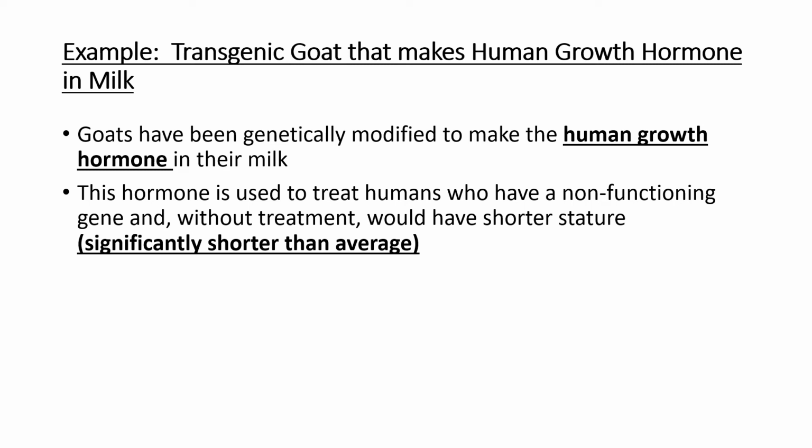So like more than 2 standard deviations below average. This isn't like a little short, this is quite short, and not just because your parents are short and your genetics play into it. And so it's individuals that, if they have a non-functioning gene for human growth hormone, and that's been identified as the sort of deficit for the individual, then you can have their diet supplemented with goat milk that has human growth hormone in it.